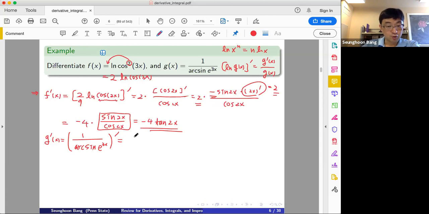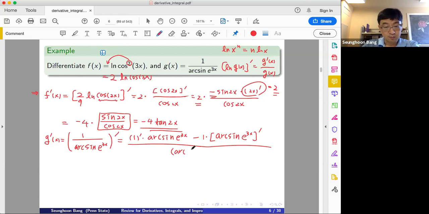I want to use the quotient rule. Top prime, 1 prime, times arc sine of e to the 3x, minus 1 times the bottom function, arc sine of e to the 3x prime, over the bottom squared, arc sine of e to the 3x, squared.